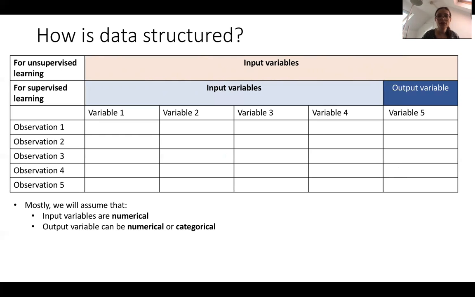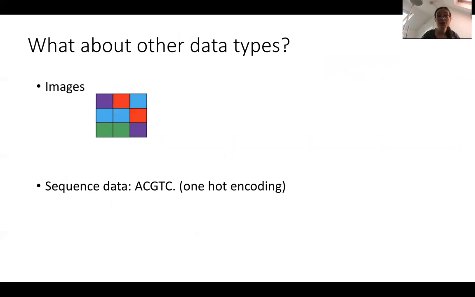Mostly, when I'm describing the different algorithms, I'll assume that the input variables are all numerical, and that the output variable is numerical in the case of regression, or categorical in the case of classification. You might be concerned because it could be that you have data that doesn't seem to easily conform to that kind of table structure.